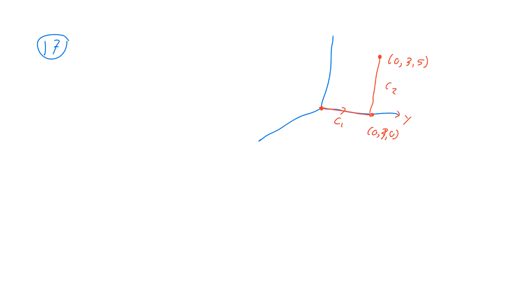So if I wanted to parameterize C1, by the way, if you're just coming in, this is similar to problem 17 on page 1065. C1 is something which is along the y-axis, which means that x and z are 0.